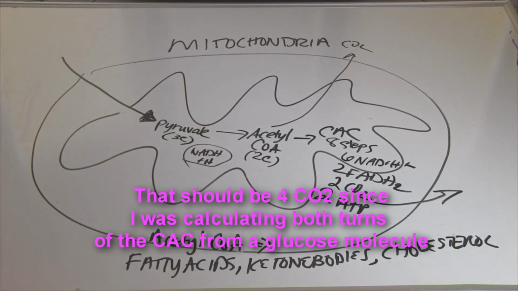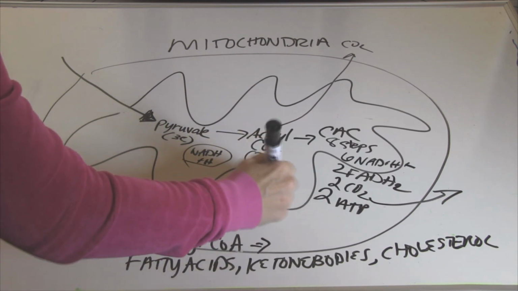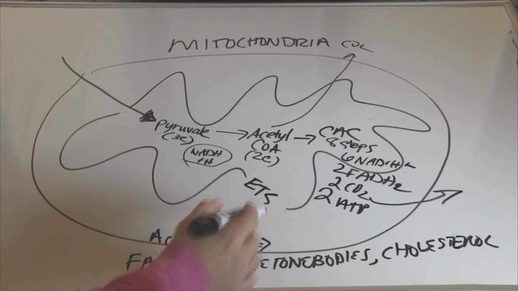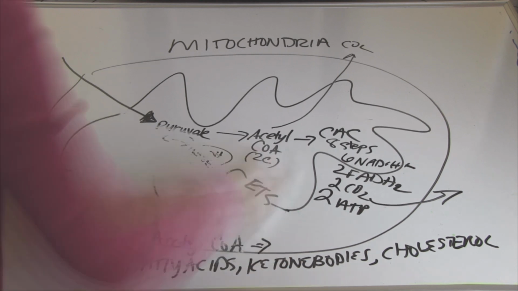From the citric acid cycle, our electron carriers are all going to drop off at the ETS, the electron transport system. So let's go there.